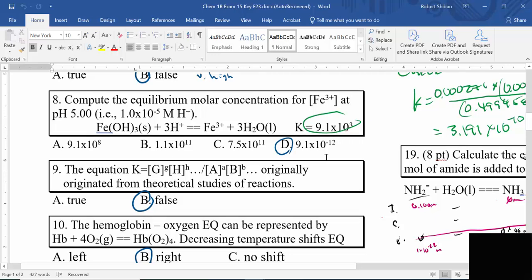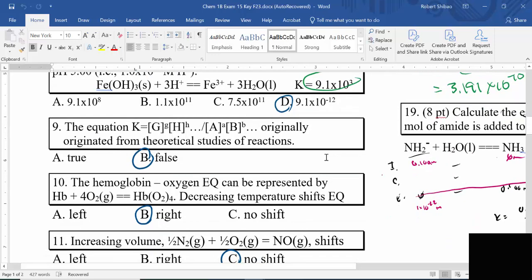Okay, next we're looking at 9 here. This is the equilibrium law. The equilibrium law is just some mathematical equation that describes the pattern. Did the equilibrium law originate from theoretical studies or from something else?